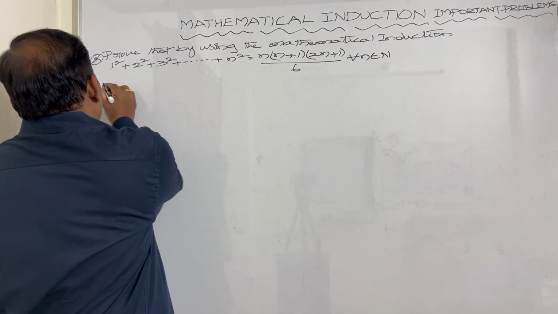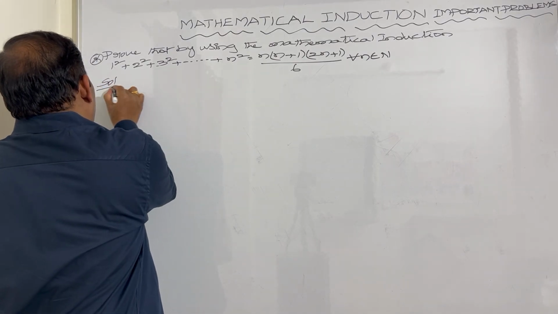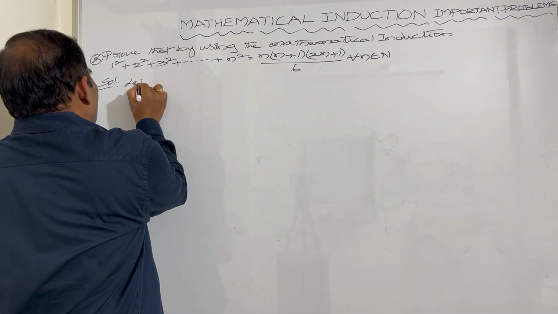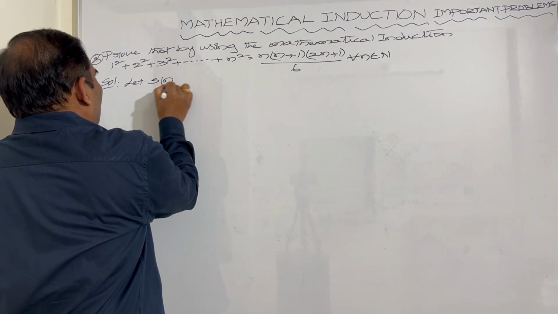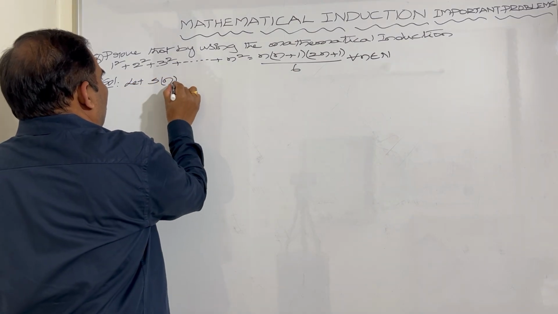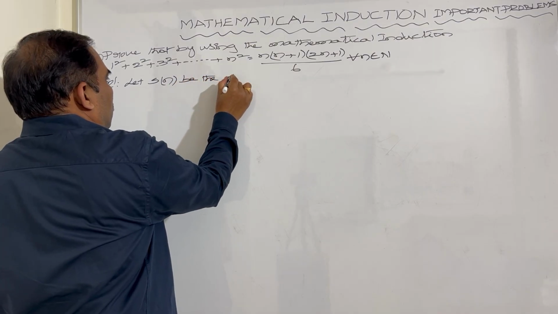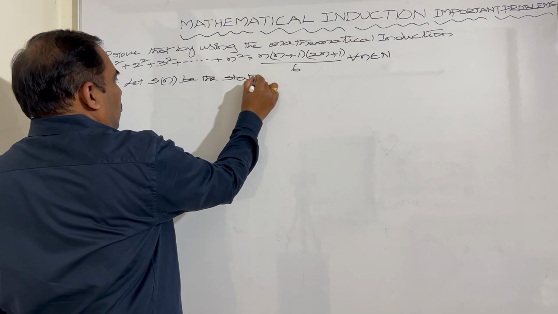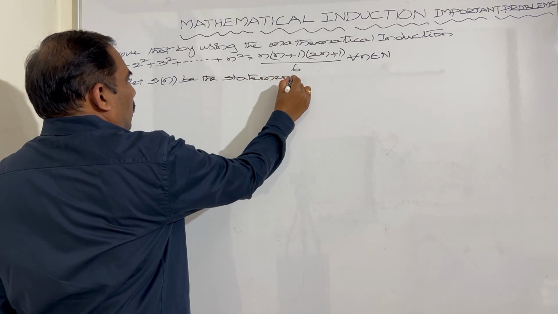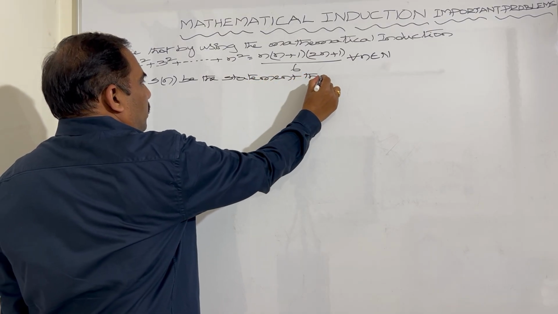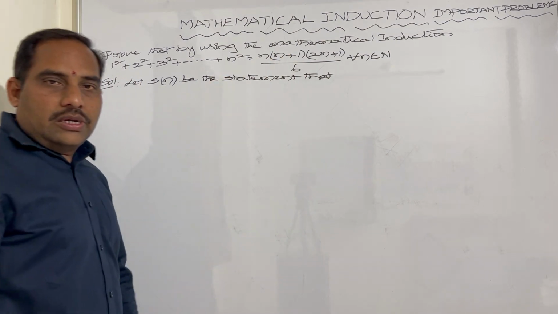Now, what is the solution? How to find the solution? See here. Let S of n be the given statement. What is the statement here?